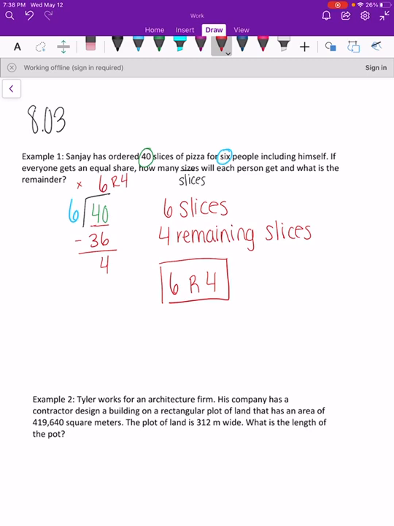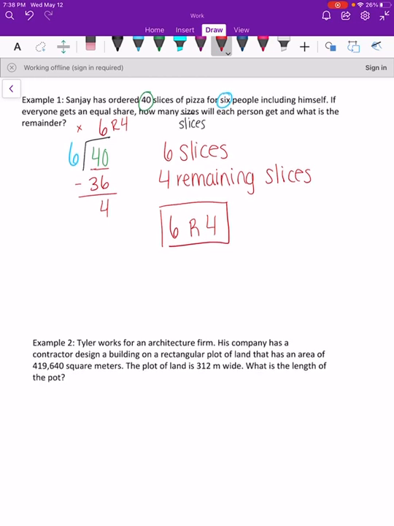Okay, so that was an easy one compared to this next one. Example 2 says Tyler works for an architecture firm. His company has a contractor design a building on a rectangular plot of land that has an area of 419,640 square meters. The plot of land is 312 meters wide.